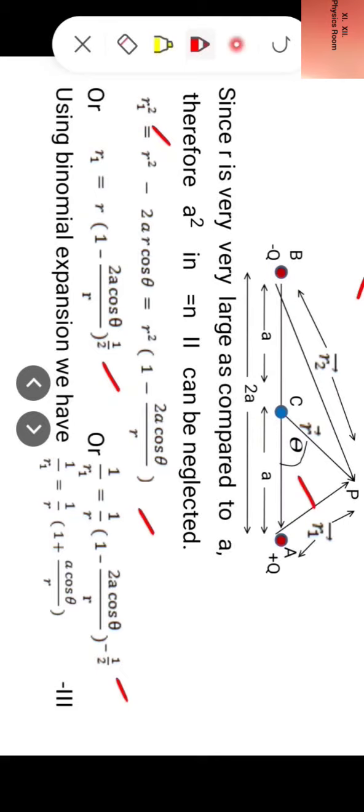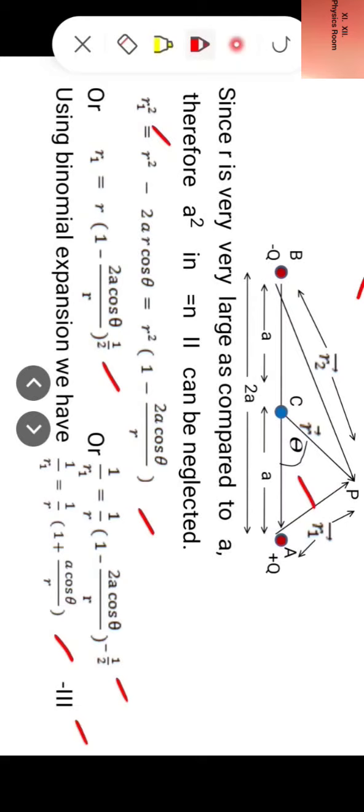So we have this expression. Now using binomial, when we use binomial, the power comes inside with the second term. So when minus 1 by 2 comes inside the bracket with the second term, 2 cancels and minus becomes plus. Therefore, using binomial expansion, we have 1 by r1 is equal to 1 by r into 1 plus a cos theta by r.